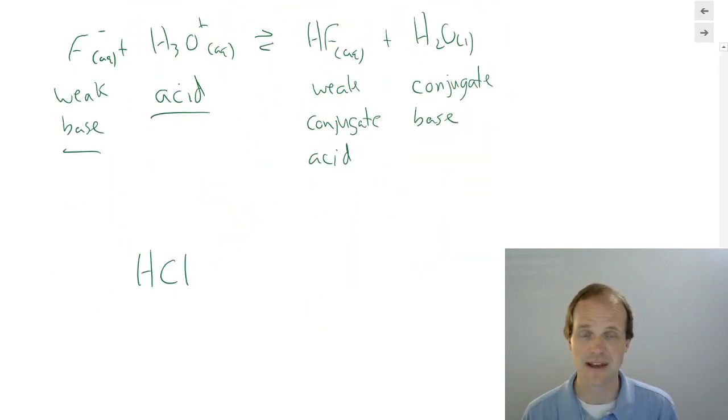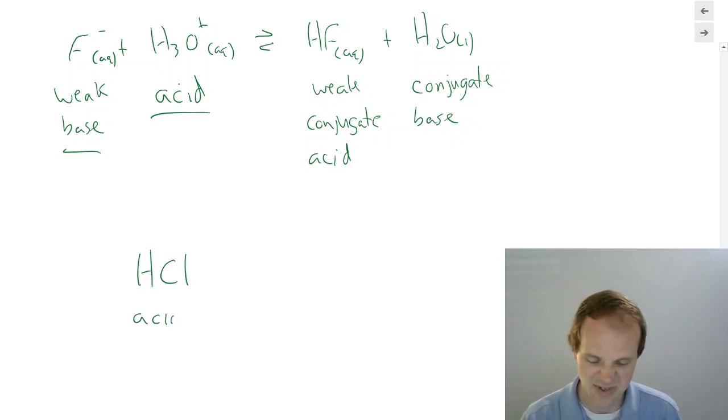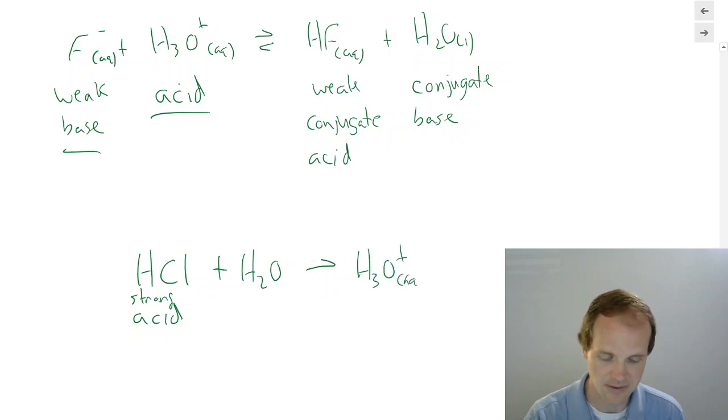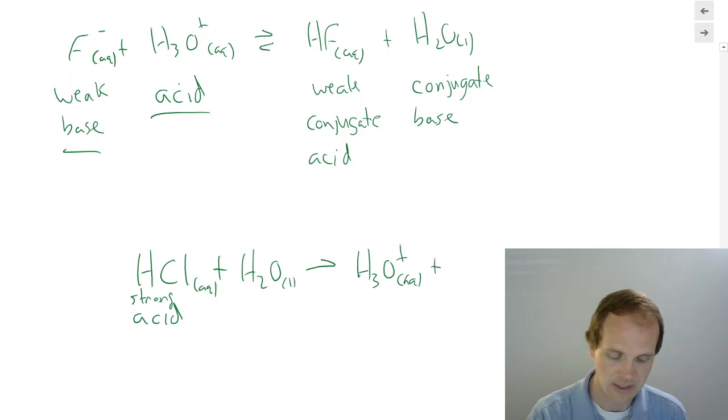HCl, what do we know about that? We know it's an acid, again, if it's written on the left-hand side of an equation, with H2O. In fact, we know specifically it's a strong acid, and so we generally write this one reaction arrow there, and we say that forms H3O plus and Cl minus.